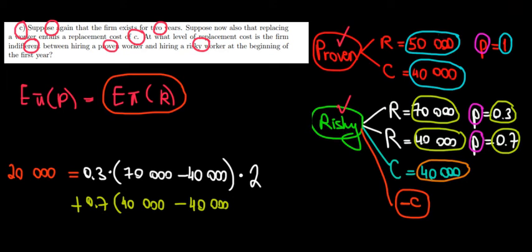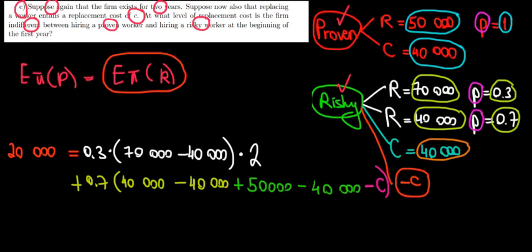So we're going to replace him with a proven worker, which would give us 50,000 euros. We must pay for him the salary of 40,000, so minus 40,000 euros. And we also have to keep in mind that this would cost us a certain level. So this is the cost that we were talking about, meaning we're going to incur a cost of replacing the worker.